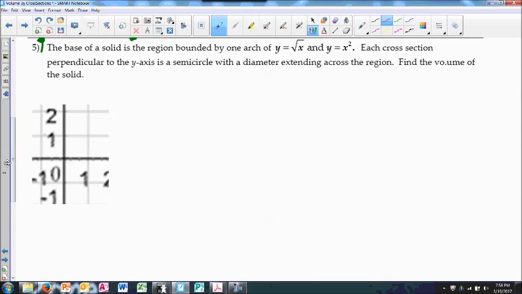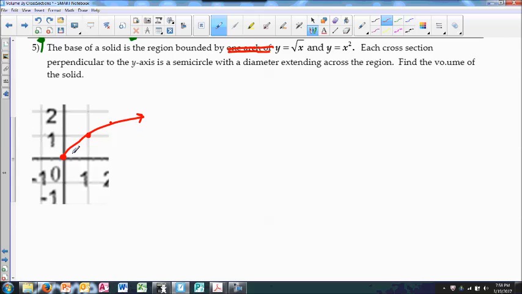Okay, so this last problem: the base of a solid is the region bounded by one arch. There is only one arch. Bounded by y equals square root of x and y equals x squared. So the square root of 0 is 0, the square root of 1 is 1. Square root of 2 would be 1.4-ish. As long as you can get the general shape here.